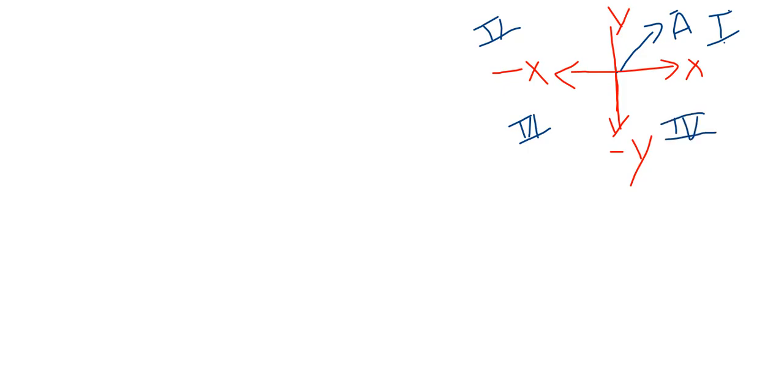So how can you write this vector in first quadrant? A bar is in first quadrant. Both x coordinate and y coordinate are positive.